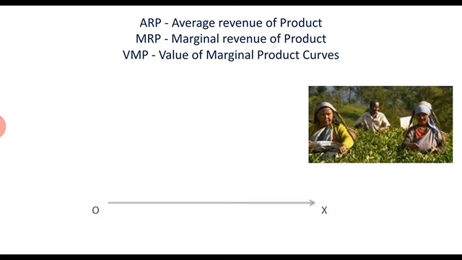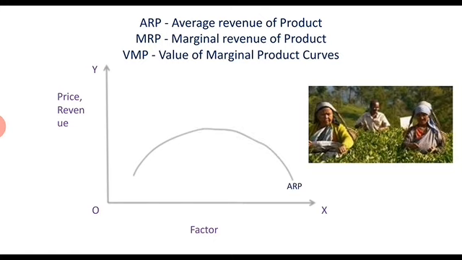Here, in this diagram, factors are shown on the x-axis, price and revenue are shown on the y-axis. ARP curve is average revenue of product curve. MRP curve is marginal revenue product curve. It is also the VMP curve, that means value of marginal product curve.